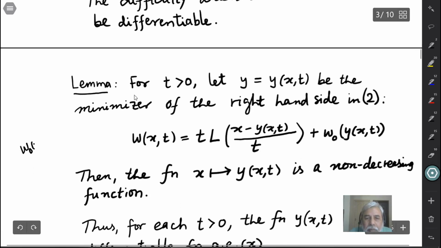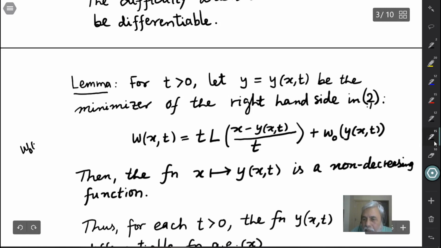So I state that as a lemma. For t positive, let y = y(x,t) be the minimizer of the right hand side of (2). So that is (2), again let me recall, that is the Hopf-Lax formula. So you see that connection throughout.